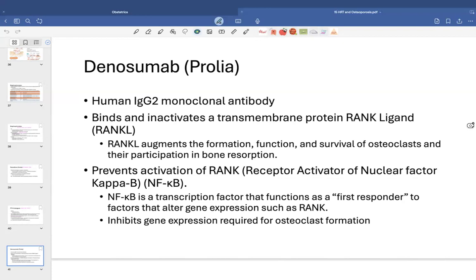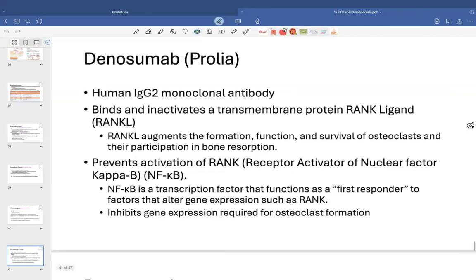So basically, this activity is anti-resorptive, much like the other osteoporosis drugs, but works through a complementary mechanism. This is a subcutaneous injection given every 6 months and may require indefinite therapy, because if you stop treatment, you get rapid bone loss.